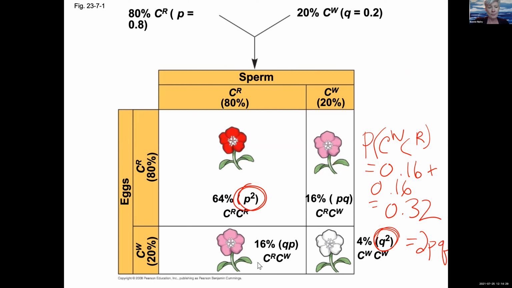All right. So these are our expected proportions, assuming nothing happens except random mating, a large number of individuals, and the important characteristic that no evolution is happening.